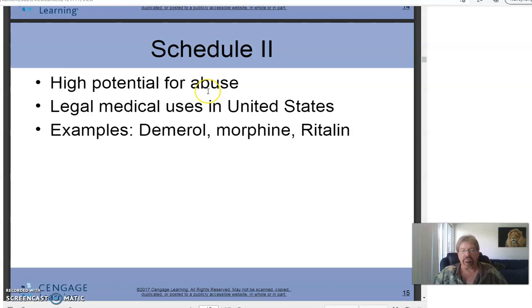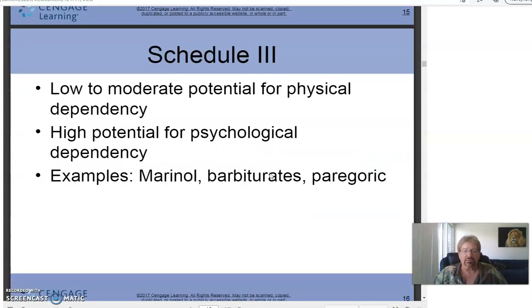Schedule 2, high potential for abuse, but has medical uses in the United States. Demerol, morphine. Morphine is a supreme pain treatment, an analgesic. Ritalin, used for attention deficit disorder. Schedule 3, low to moderate potential for physical dependency, high potential for psychological dependency. Marinol, barbiturates, paregoric.